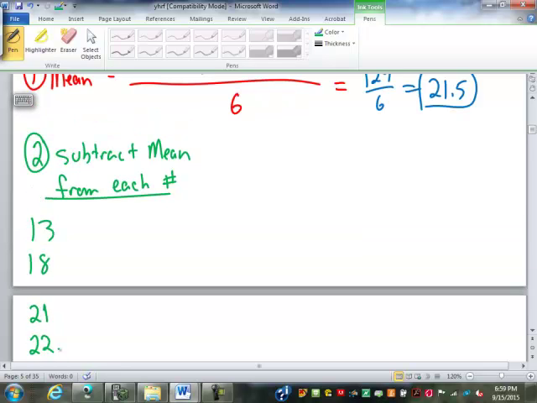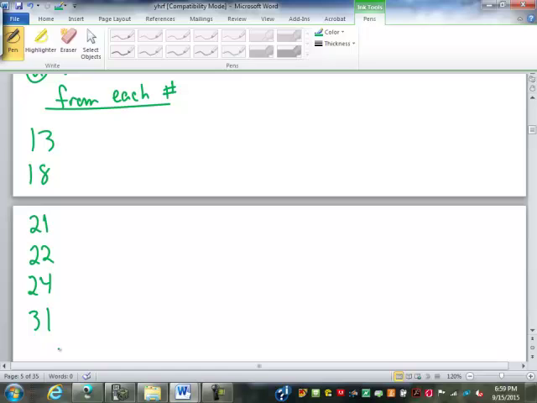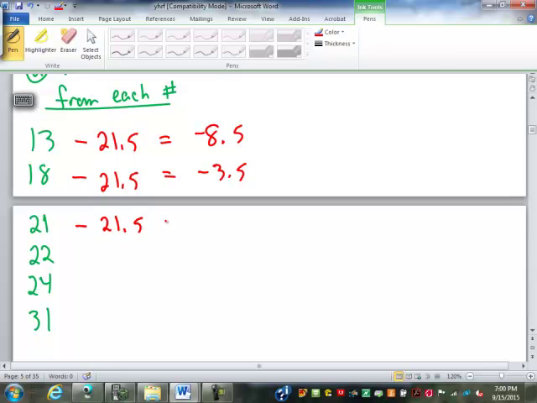I'm going to take my mean of 21.5 and subtract it from each of them. So 13 minus 21.5 is a negative 8.5. 18 minus 21.5 is a negative 3.5. 21 minus 21.5 is a negative 0.5.